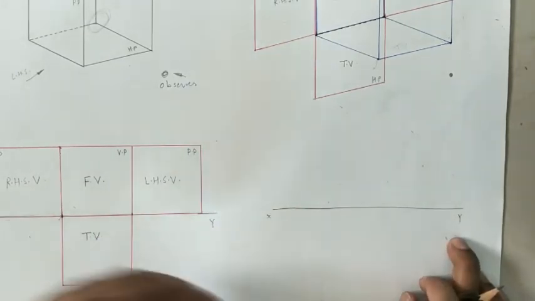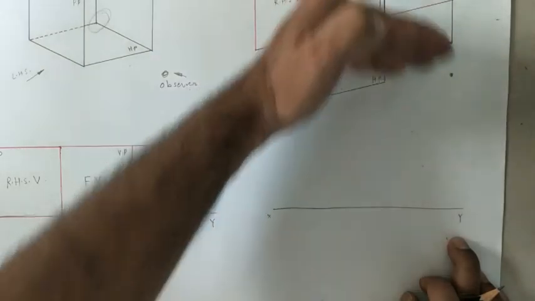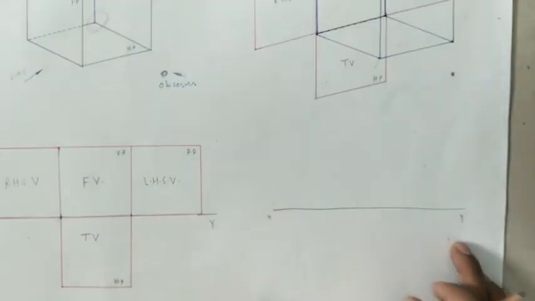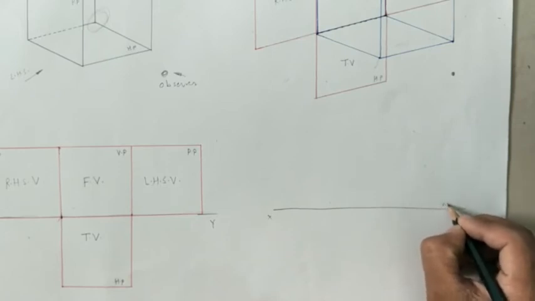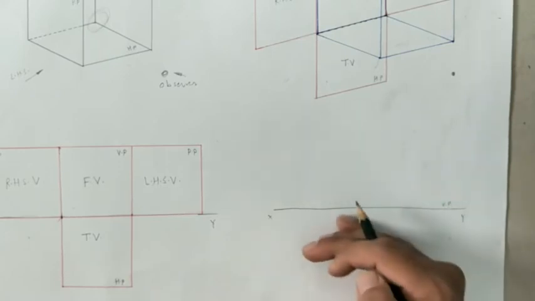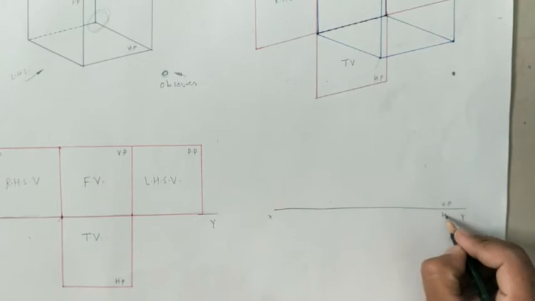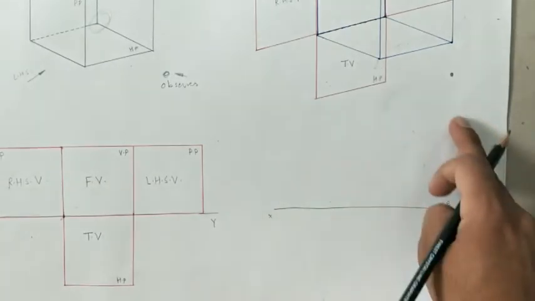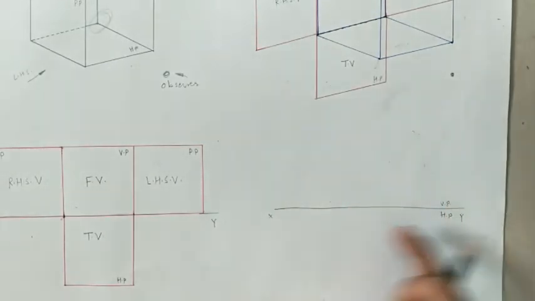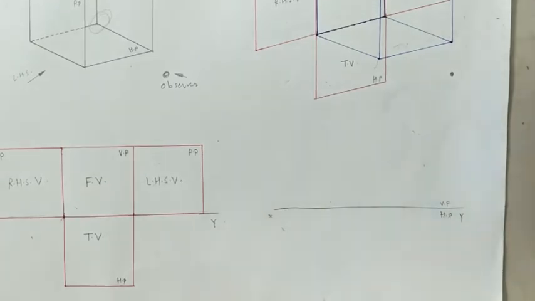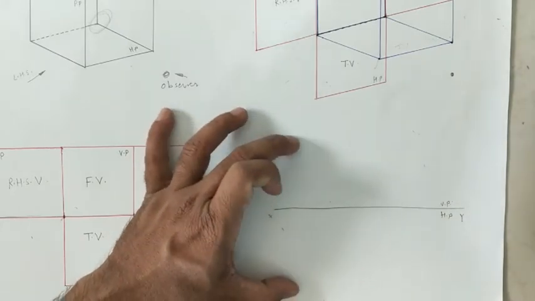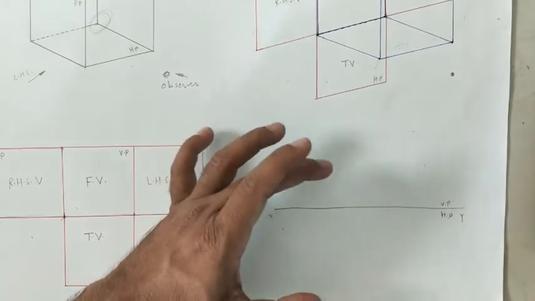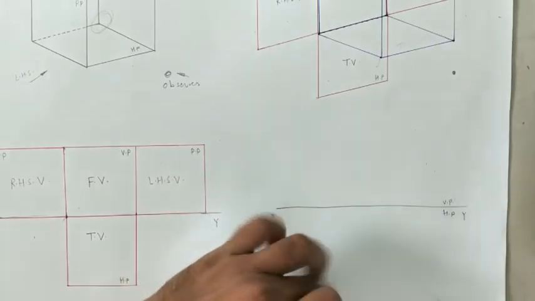We consider the whole space above the XY as the vertical plane, and the whole space below the XY as the horizontal plane. So we need not show the boundary for the vertical plane or the horizontal plane. We have only 2 planes, so we can draw only 2 views in this scenario: the front view above the XY line, and the top view below the XY line.